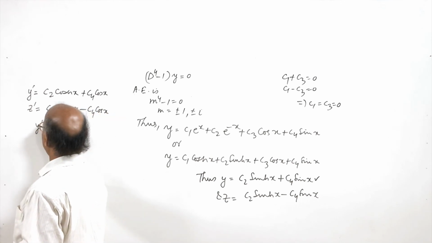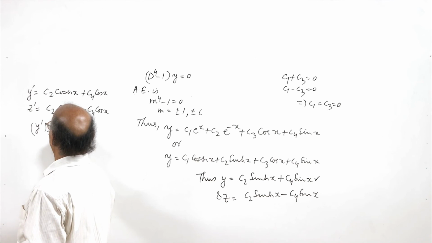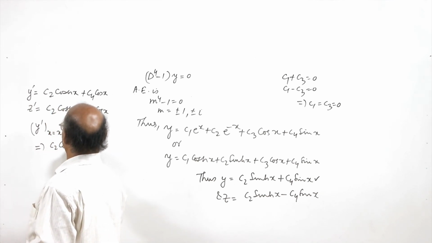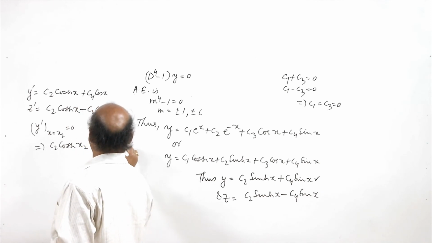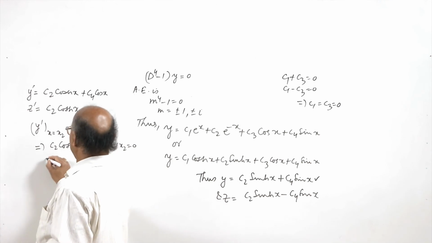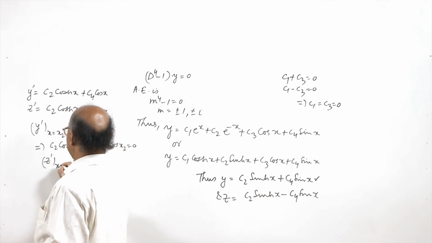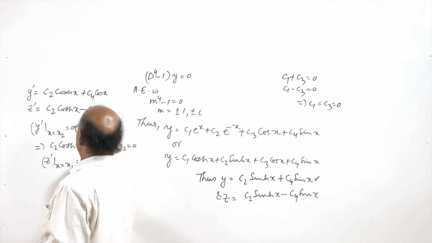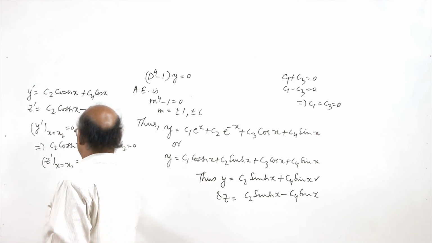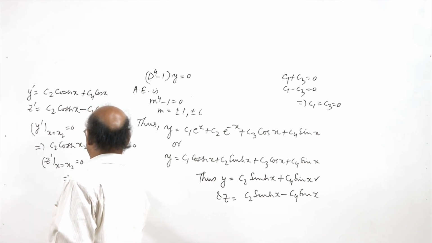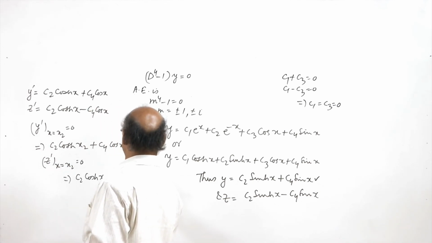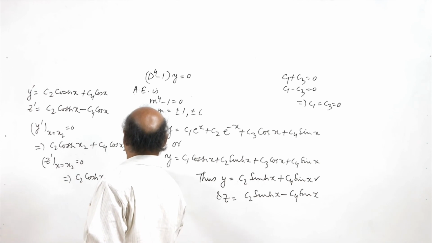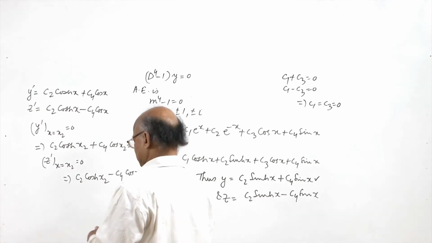So y dash at x equal to x2 equal to 0 implies C2 cosh x2 plus C4 cos x2 equal to 0, and z dash at x equal to x2 equal to 0 gives us C2 cosh x2 minus C4 cos x2 equal to 0. So we get this equation and this equation.